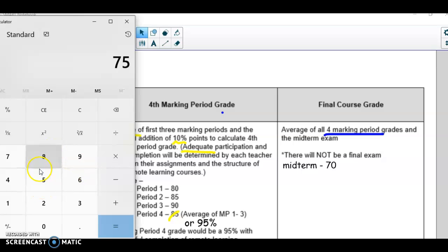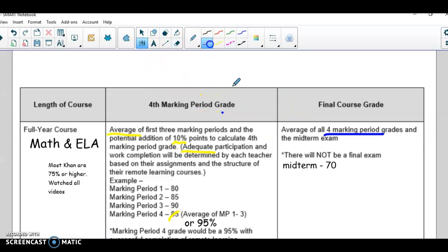You do 80 plus 85 plus 90 plus 95, and you're going to add the midterm on, so plus 70. And you get 420, and then you divide that by 5. 420 divided by 5 is 84, so your final course grade for this student would be an 84%.